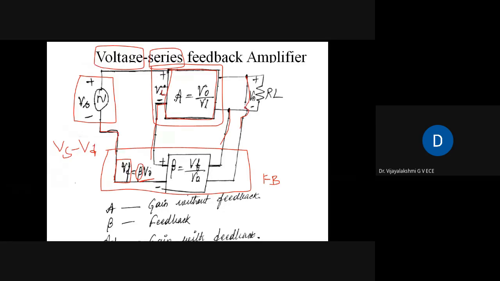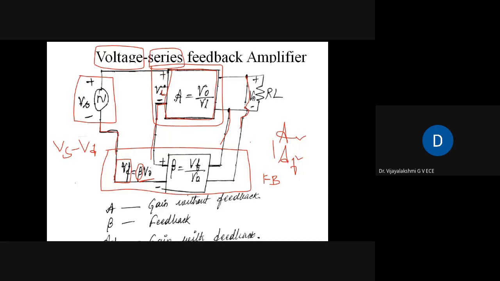So first let us see what will happen to the gain of the amplifier when you are going for voltage series feedback. To indicate that, we have A and AF. Here A indicates the gain of the amplifier without feedback, and AF indicates the gain of the amplifier with feedback. So let us understand what is their relation.